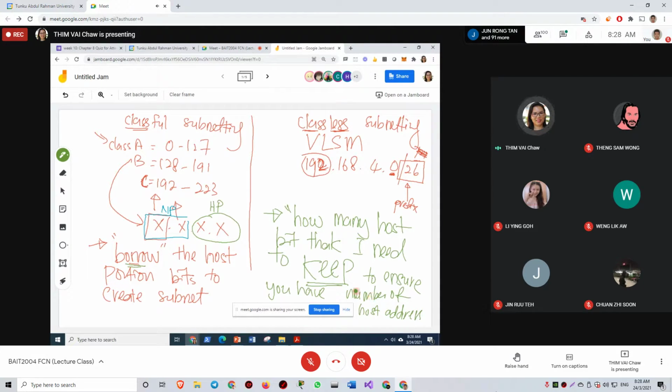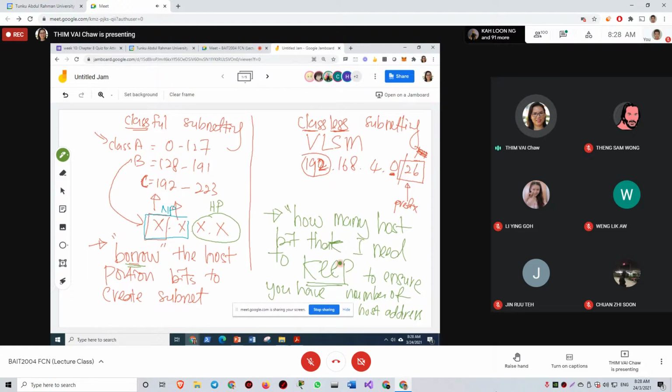So this one is about keeping. You need to keep your host bits. How many host bits you need to keep? When you keep those host bits, you will have that number of host addresses.